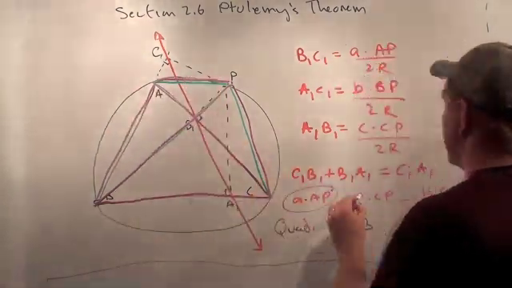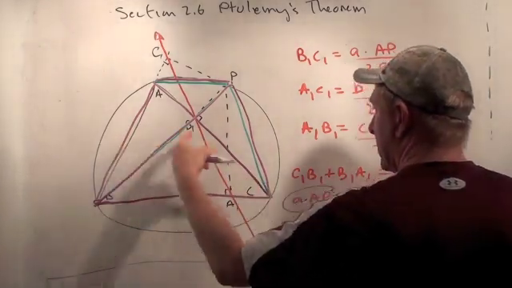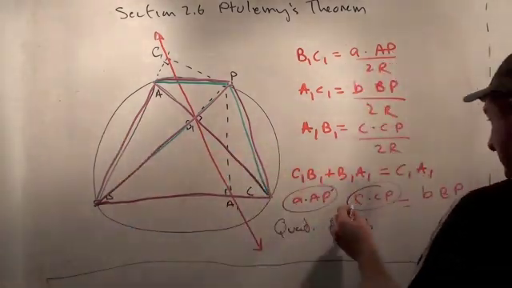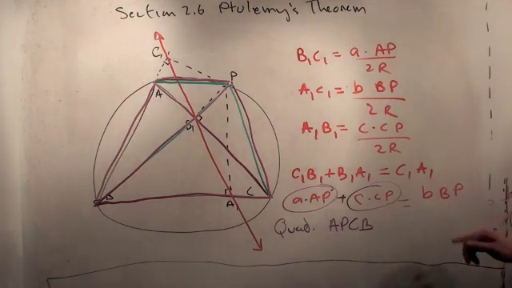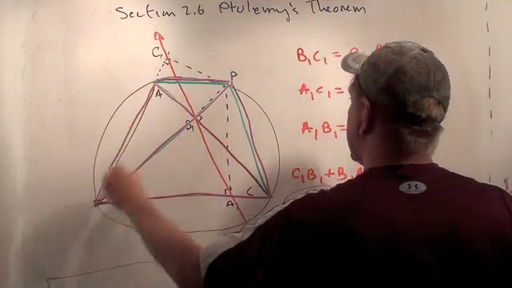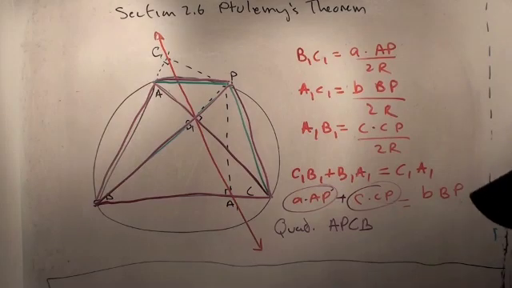C times CP is a side of the triangle, one side of the quadrilateral. C times CP, plus the other side, sorry, I erased the plus, equals B times BP, that's the diagonals.